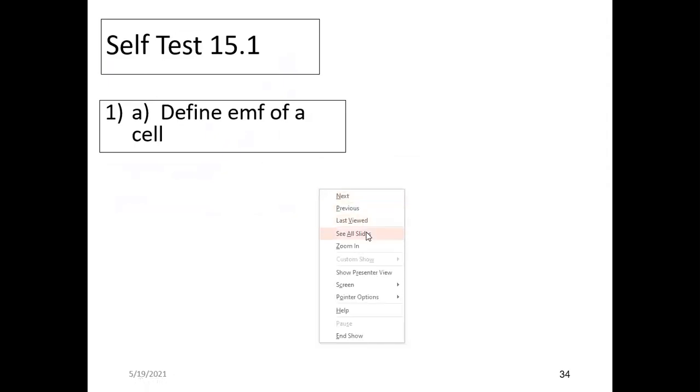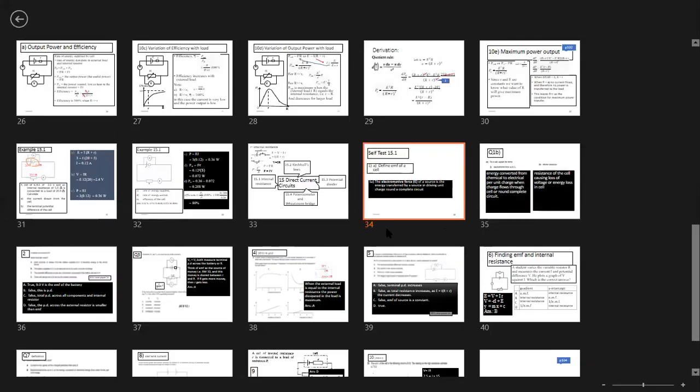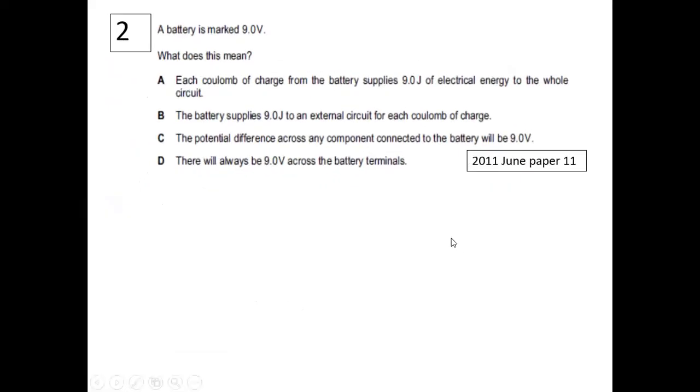Let me just try one question, then we'll finish for today. This one. Try the other question. We ask you next period, Saturday. A battery is marked 9 volt. What does this mean?